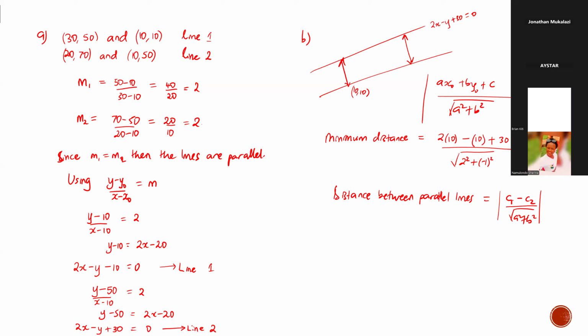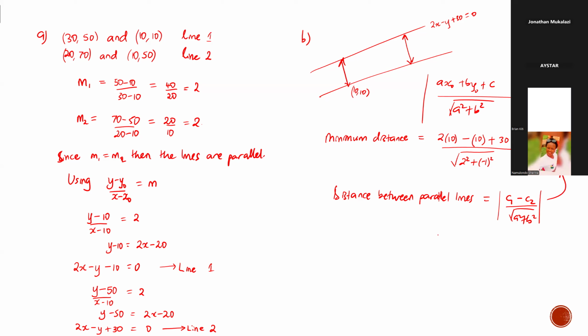I'm using C1 to mean the constant term on the left-hand side of the equation. So for line 1, C1 would be -10, and for line 2, C2 would be +30. And so you see that that's consistent with what we've got.